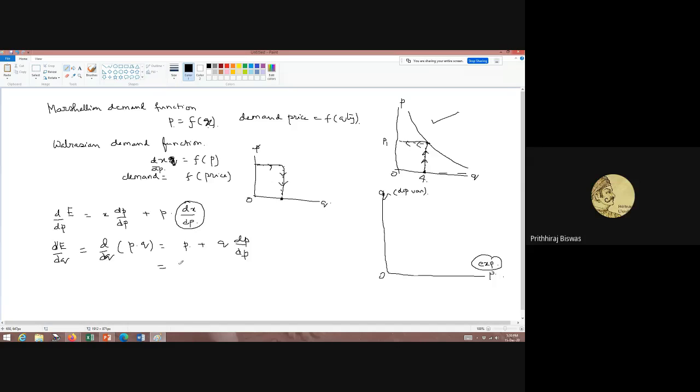We take P common. Sorry, I made a mistake over here. This will be Q. So P times 1 plus 1 by E. And don't forget the minus. So it's 1 minus 1 by E. Okay, so just be a bit careful. Normally, if you differentiate by P, we are going to get this relation. But if you differentiate by quantity, you're going to get this relation.